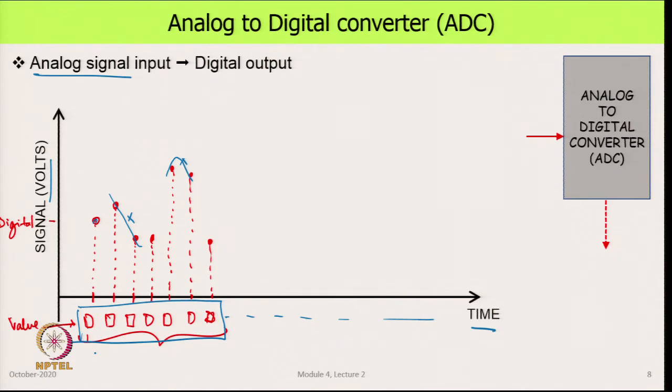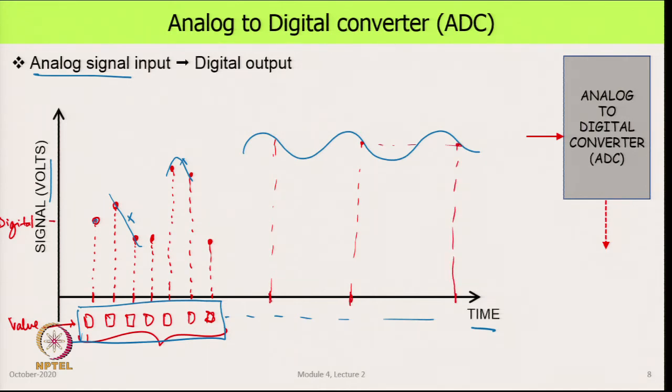Let me give an example here. Suppose a signal is a pure sine wave, and we do sampling, or the time that we pick up is, say, here at this point, and the next signal that we pick up is at this point, and the next signal we pick up is at this time.